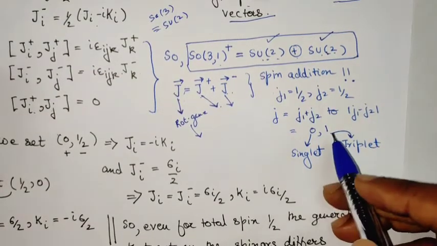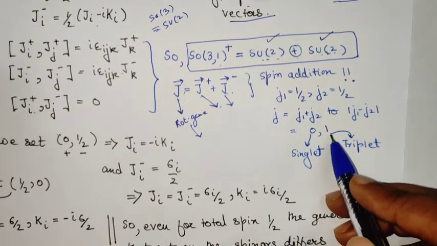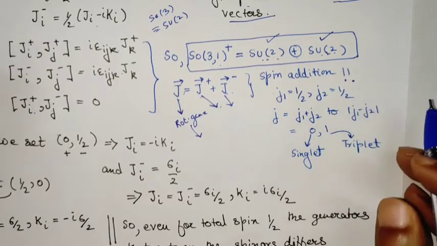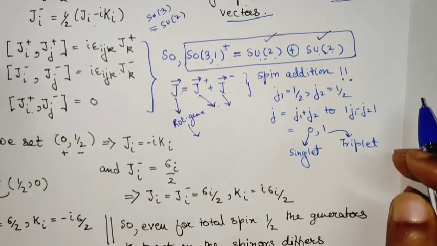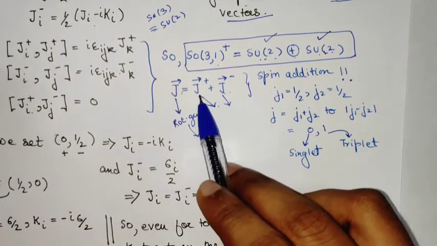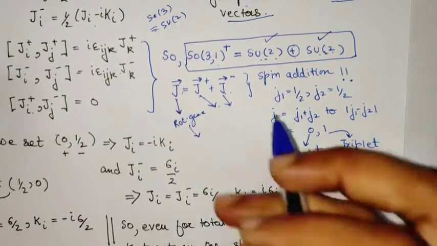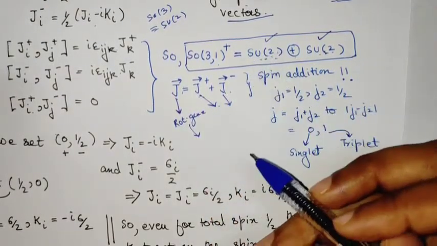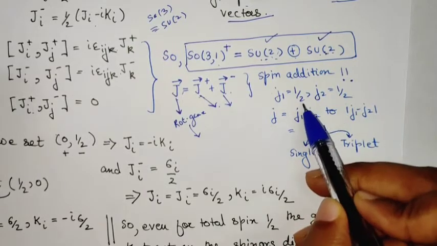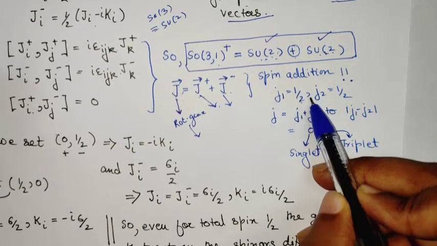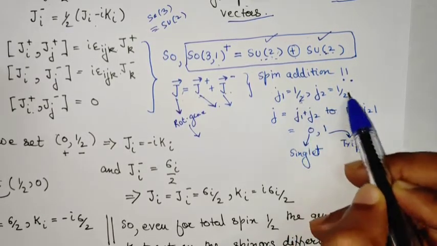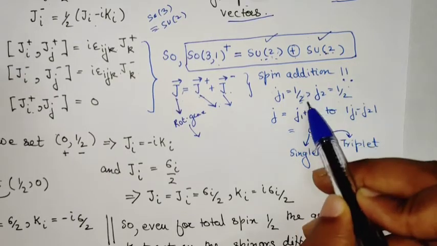So with this understanding, with a bit of understanding from quantum mechanics, we can also see that suppose we take spin half particles, because SU2 represents spin half. If two spin half particles are there, we can add them.